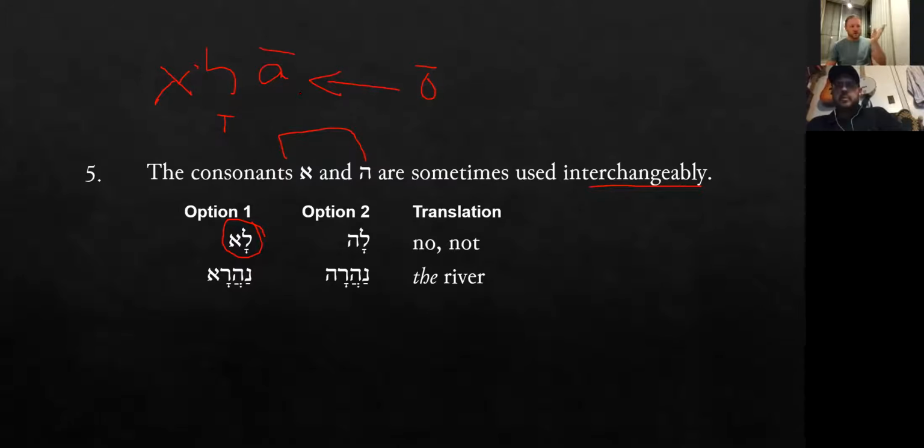And we know nahar in Hebrew, river, hanahar. In Aramaic, the determination goes on the end of a word. So instead of hanahar, it's nahara, and the accent is on the end. Nahara is the river.